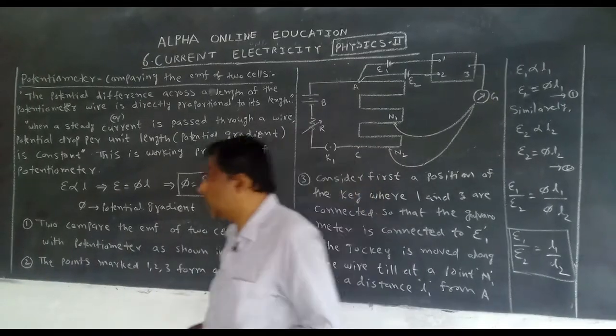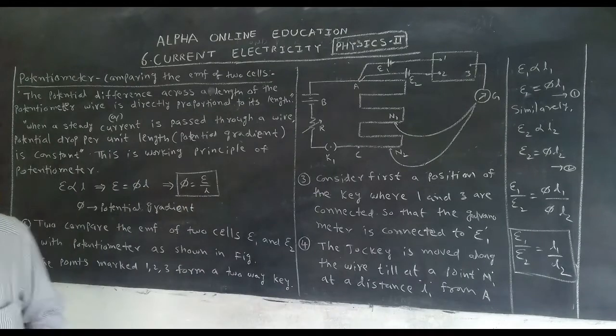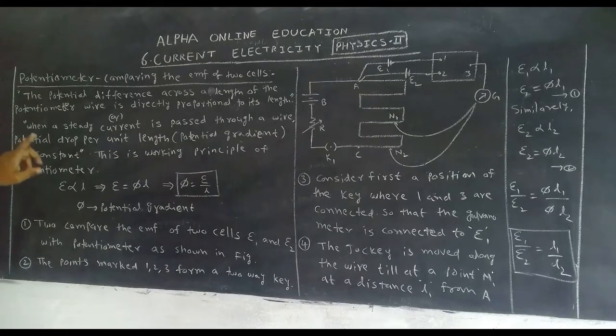Now, what is the principle of potentiometer? We have two statements. See on the board. The potential difference across a length of the potentiometer wire is directly proportional to its length.